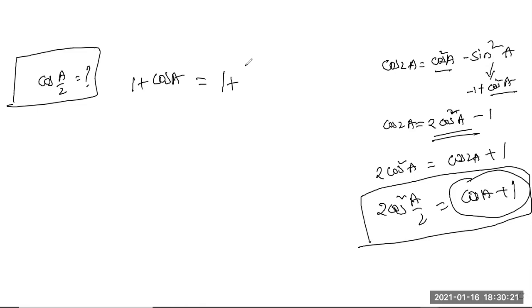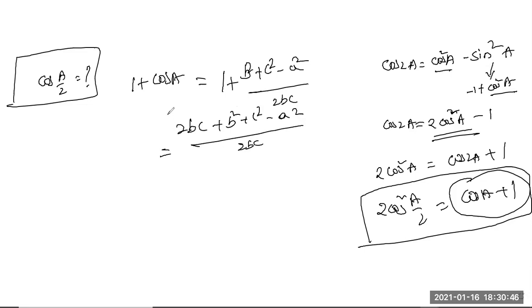It is b square plus c square minus a square by 2bc. So you will get 2bc plus b square plus c square minus a square divided by 2bc. So this will become b plus c whole square minus a square by 2bc.